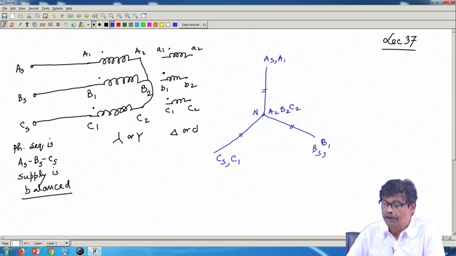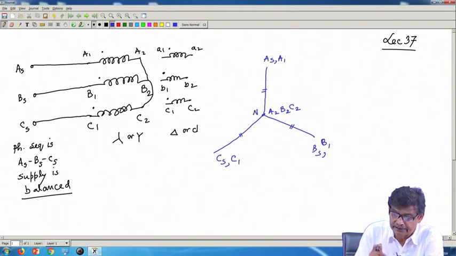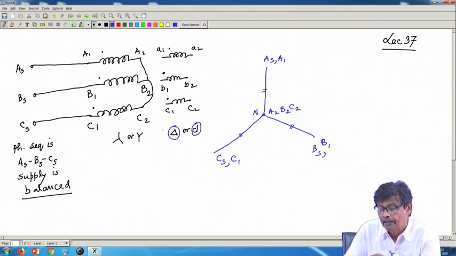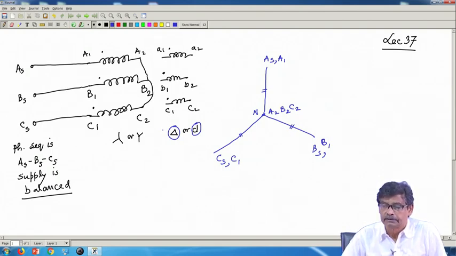Fine. Now, suppose the secondary side I would like to connect in delta, and there are two possible delta connections.